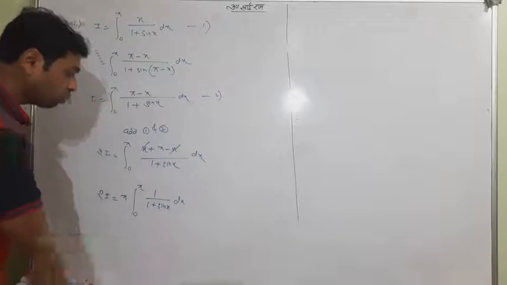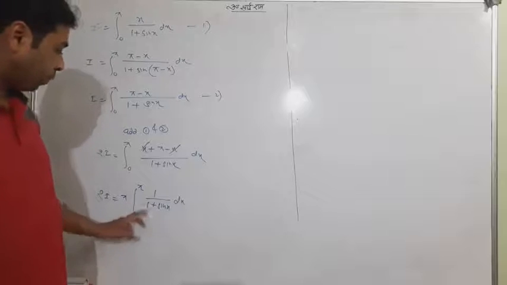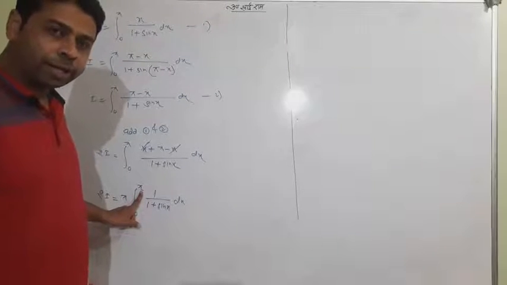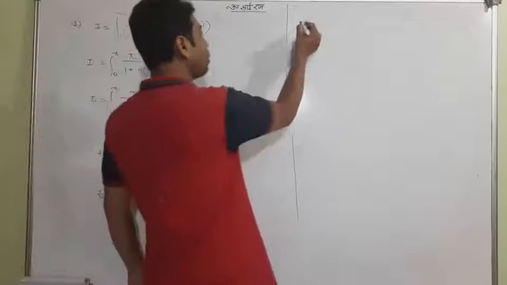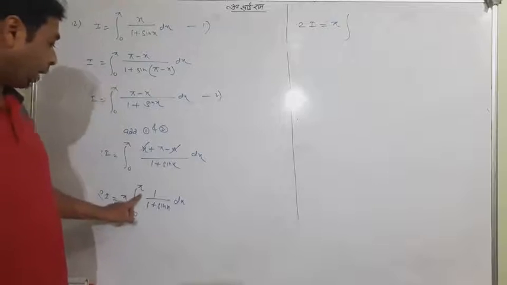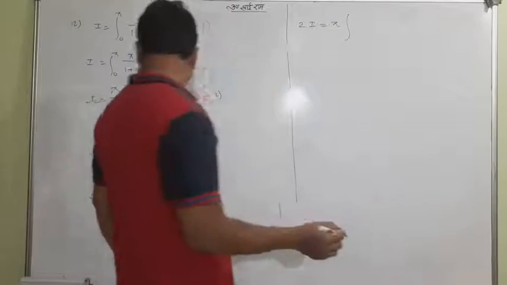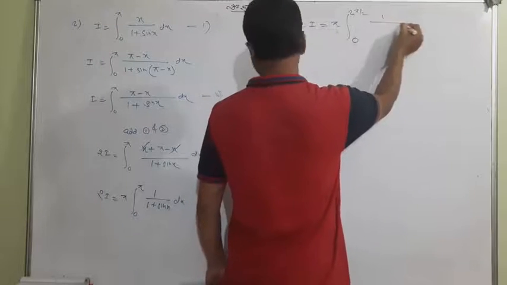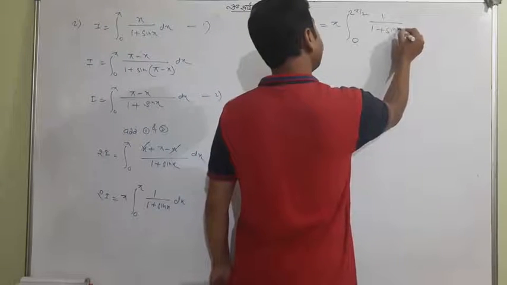We can also use the property here. If you can see, this pi may be changed to pi by 2. I want to write the same property. It was 0 to pi, so I'm writing that pi is 2 pi by 2. Why is it so?